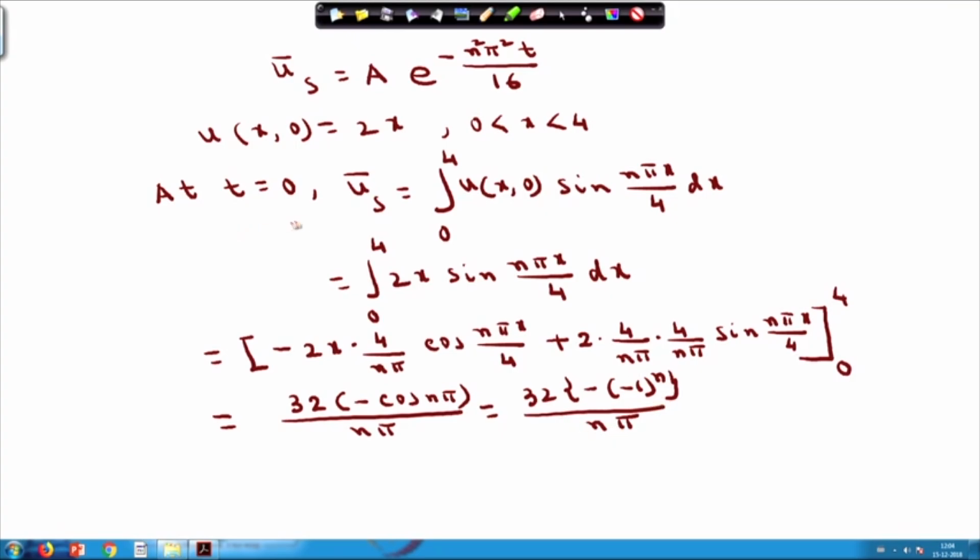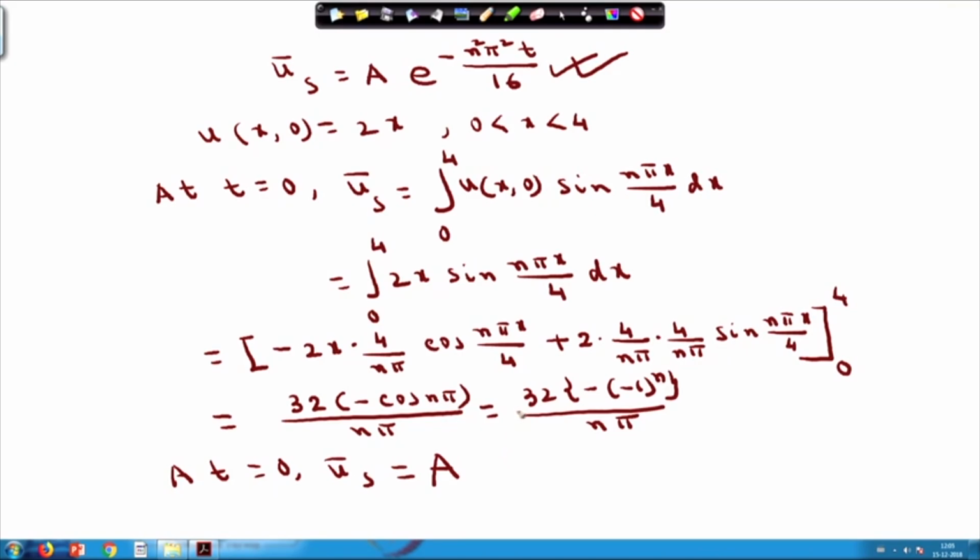So, at t equals 0, you are obtaining ū_s as this. Also, at t equals 0, ū_s from the solution is equal to A, because t is 0 and the exponential term will not be there.